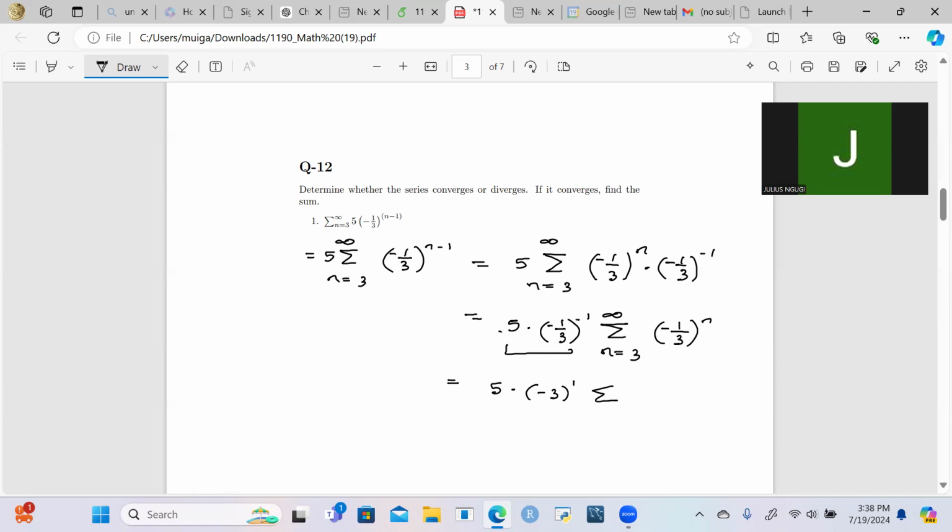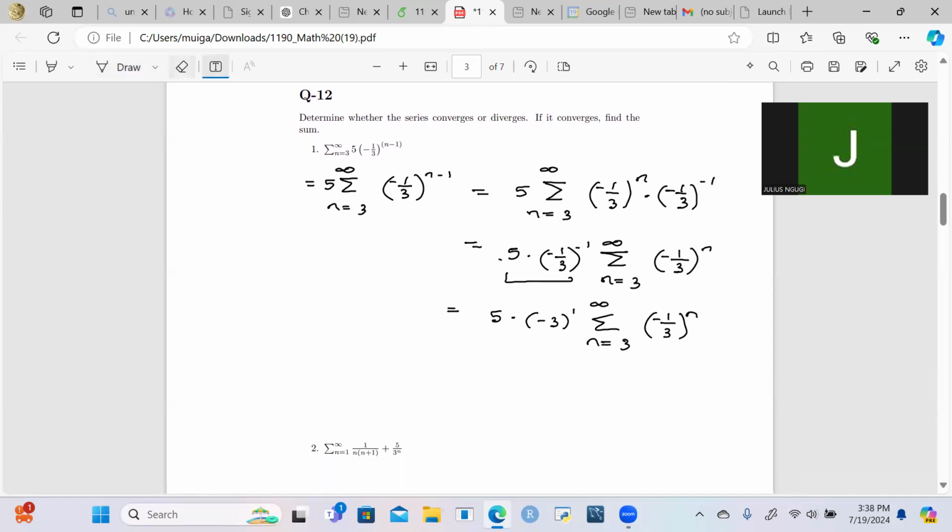Then I have the sum as n starts from 3 up to infinity of minus 1 over 3 to the power of n. So this is minus 15, and this becomes the sum.